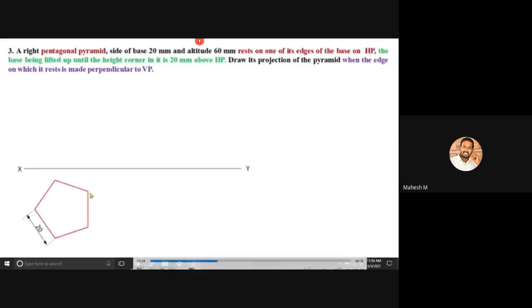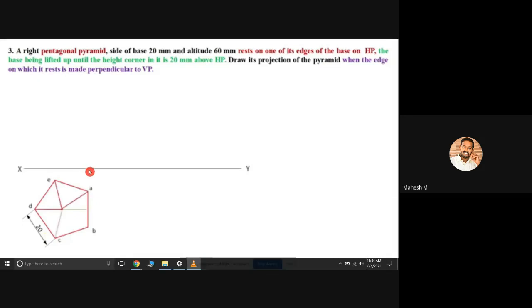Okay, so இப்போ நான் corner hexagon தான் create பண்ணிருக்கேன். Okay, so this is called edge. So our condition is that edge of the base on HP. So இதுக்கு ஆப்போசிட்டா வர இங்க கார்னர் ரெஃபரன்ஸ் லைன்ல டச் ஆயிருக்கும்.